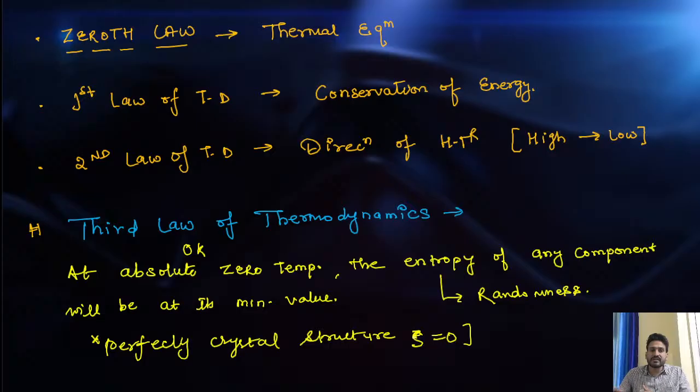If the temperature is 0 Kelvin, there is no randomness, no motion of the molecules, right? So at that state the entropy will be zero. I hope you note it down.